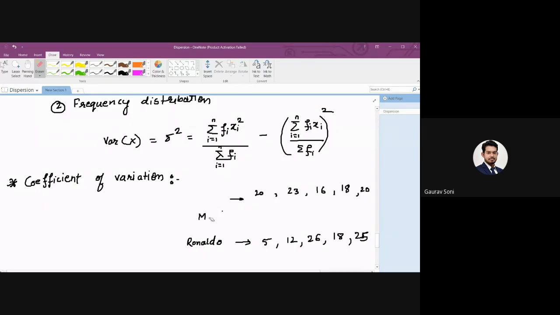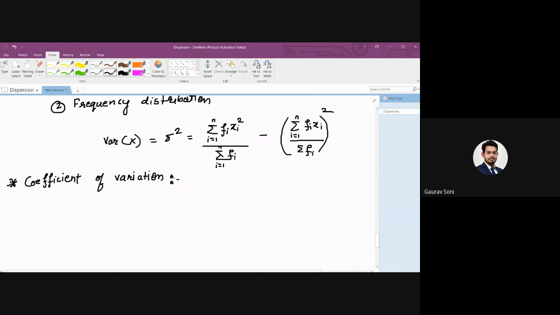Okay, so coefficient of variation is going to give me the final value by which I can compare any of the data, and we can declare which is showing more variability or which of the things is more consistent.